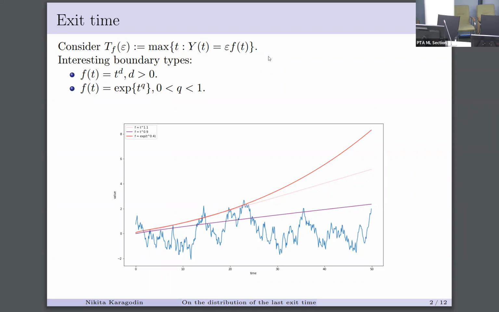In my case, t is R. So you have omega here and t here, and you get y of omega, t, right?